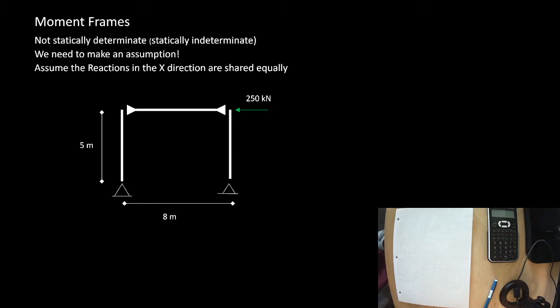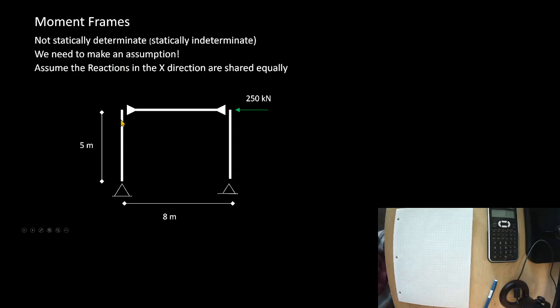And we would have to solve the problem multiple times, honing in on our answer. We would make an assumption that we knew was wrong, and then we would make an assumption at the other end of the spectrum. And then we would start to come in and tighten our answer up. And that's called solving a statically indeterminate problem.